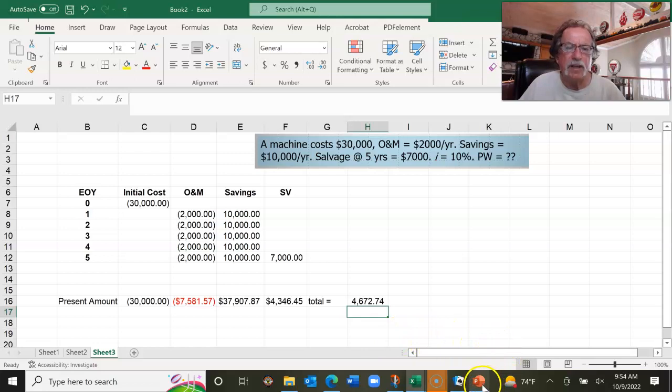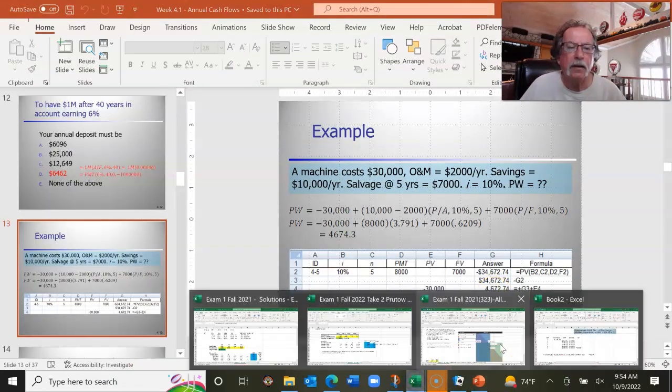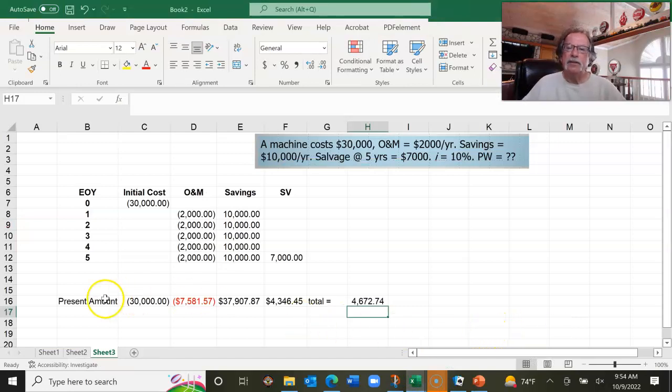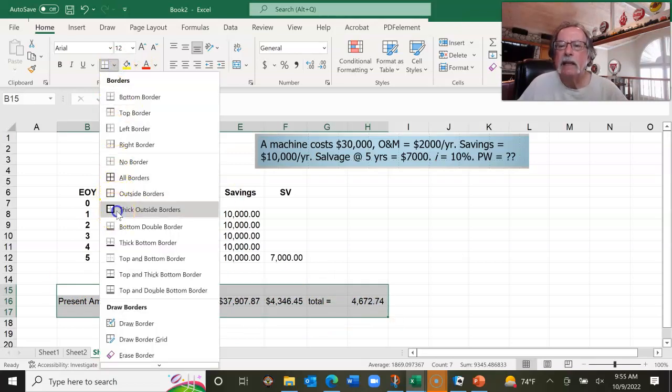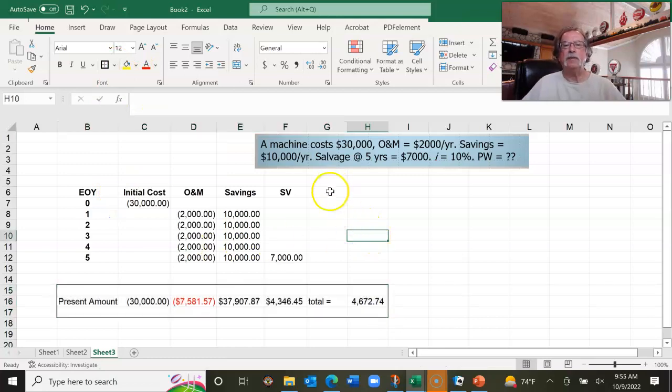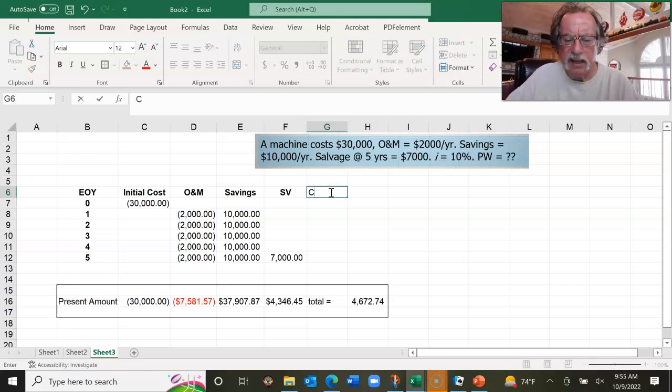Let me just make sure I haven't made a mistake here. That works. Okay, so this is one way to do it right here. So that's one way to do it. Typically, what happens is, we have a thing called the cash flow column, or net cash flow.